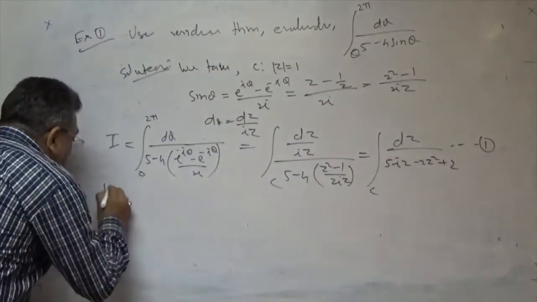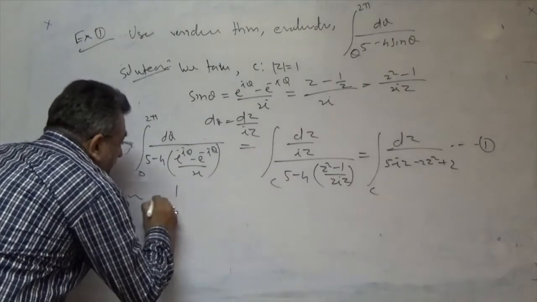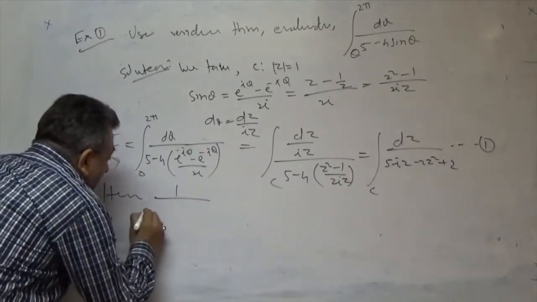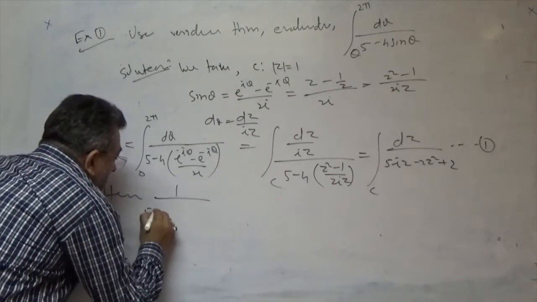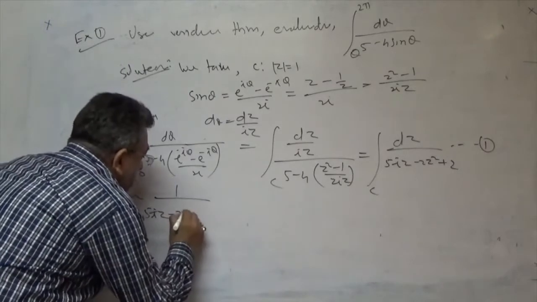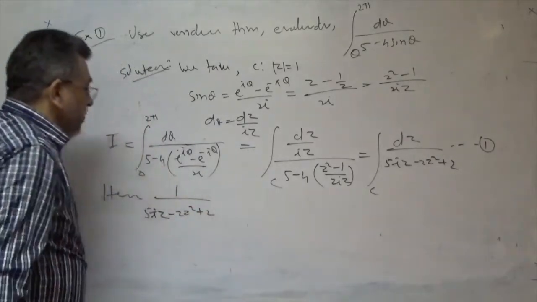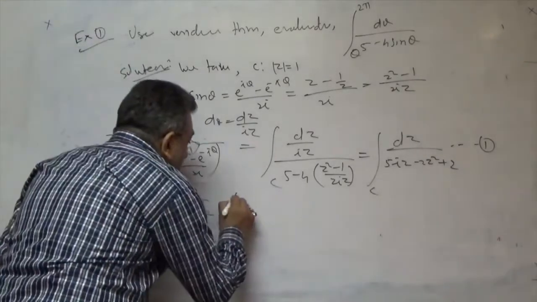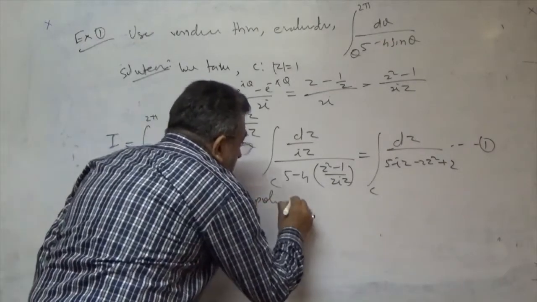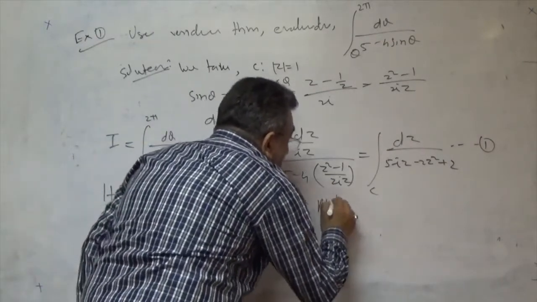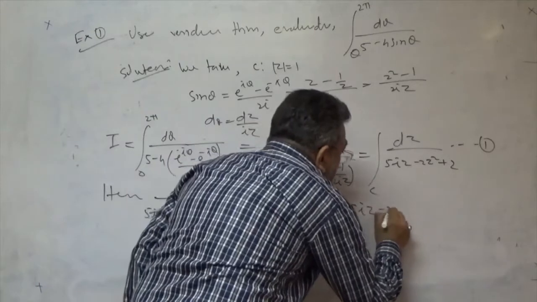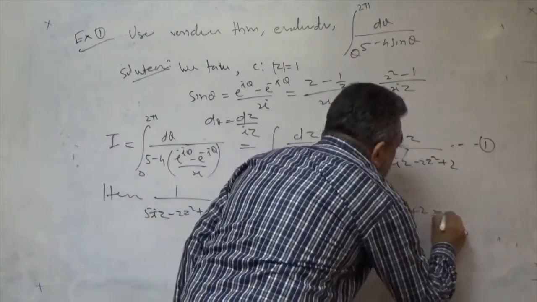Now here we have the function 1 upon 5iz minus 2z² plus 2. For poles, we put 5iz minus 2z² plus 2 equal to 0.